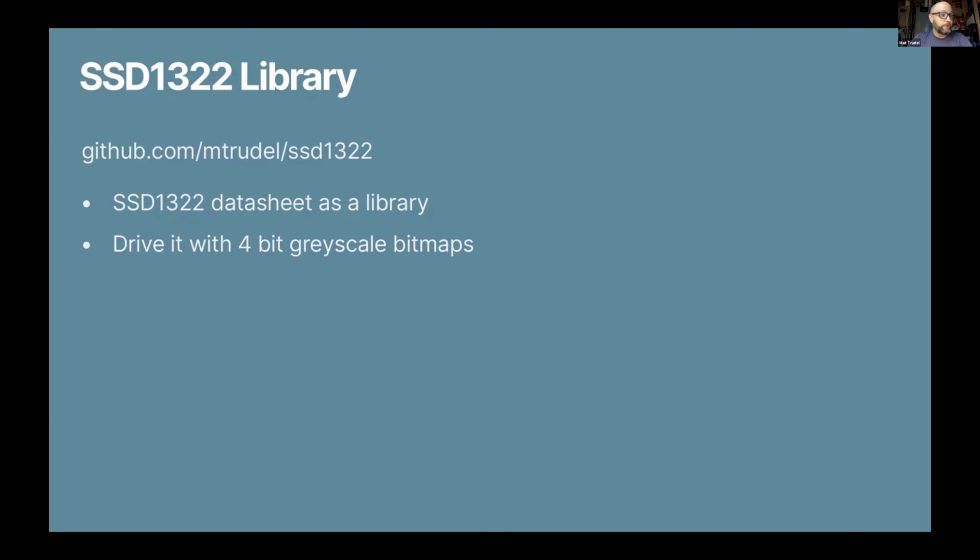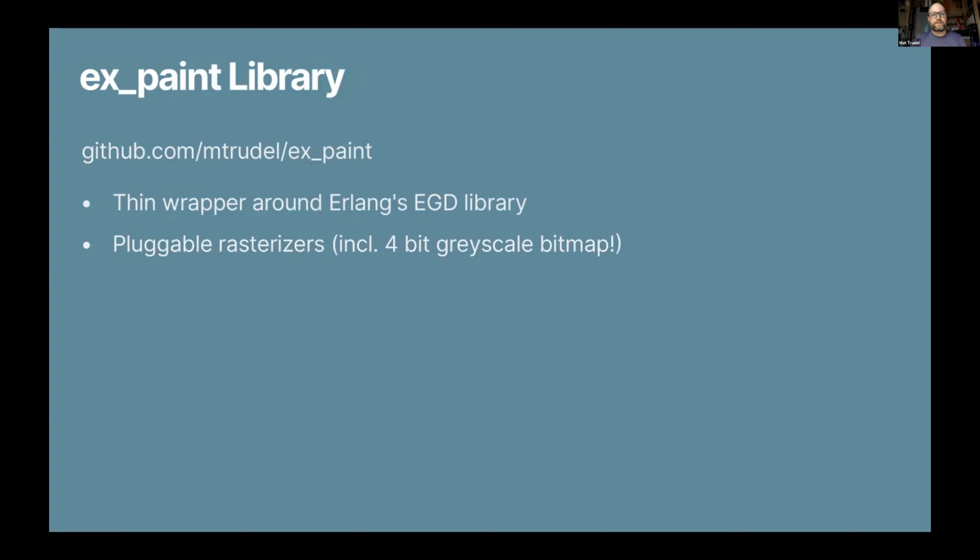So to actually build those bitmaps from text, there's this EXPaint library that I wrote that's a really thin wrapper around Erlang's built-in EGD library, which I think stands for Erlang graphics device. And this essentially just has a bunch of primitives built into it where you can draw rectangles, ellipses, and text with simple bitmap fonts. And on top of that, I've added some pluggable rasterizers so it can render out to PNG.